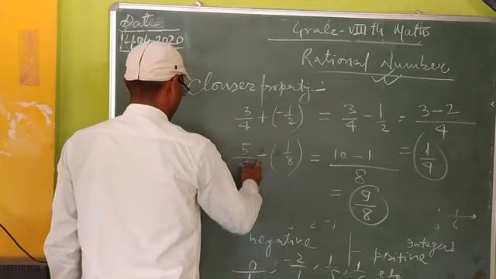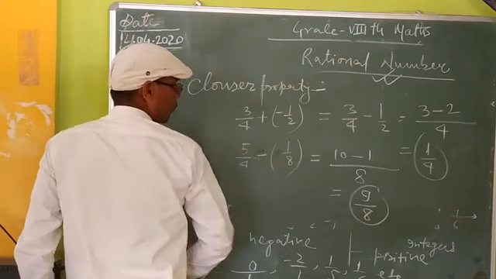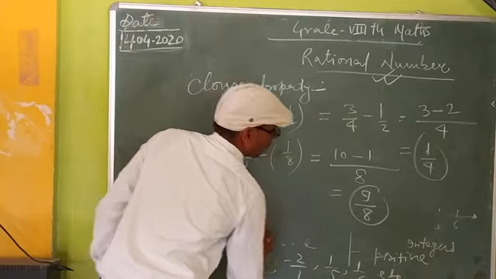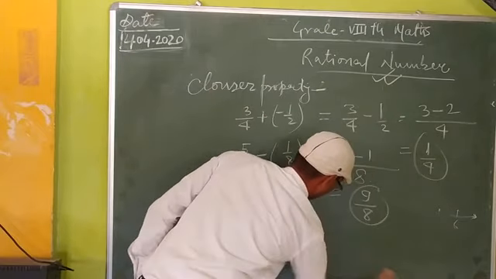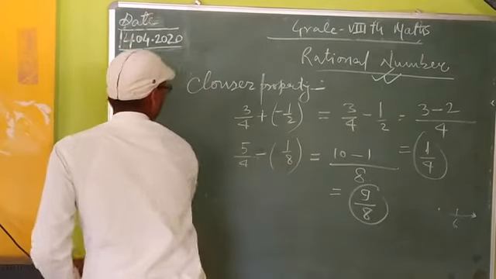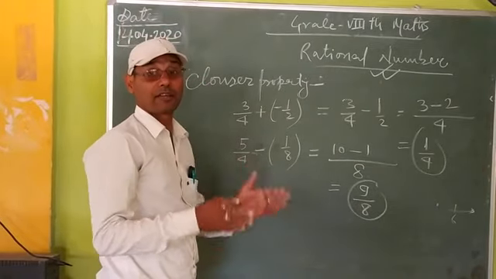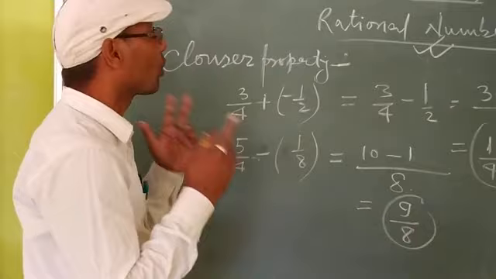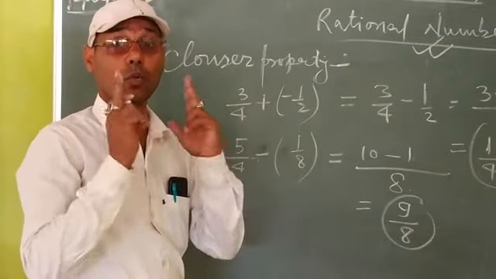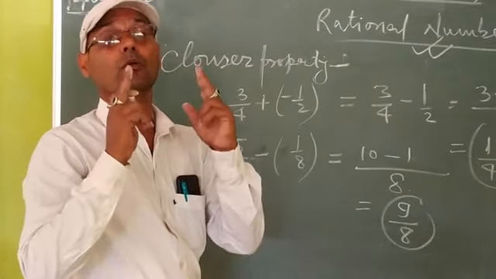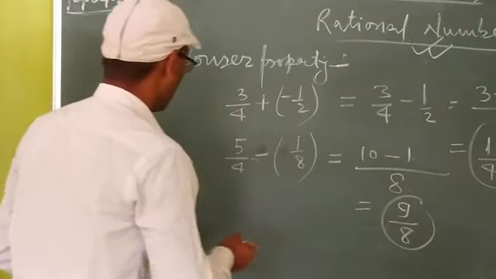After addition and subtraction, we will go to multiplication. I said to you, in the closure property, addition, subtraction and multiplication of two rational numbers are always rational. How?